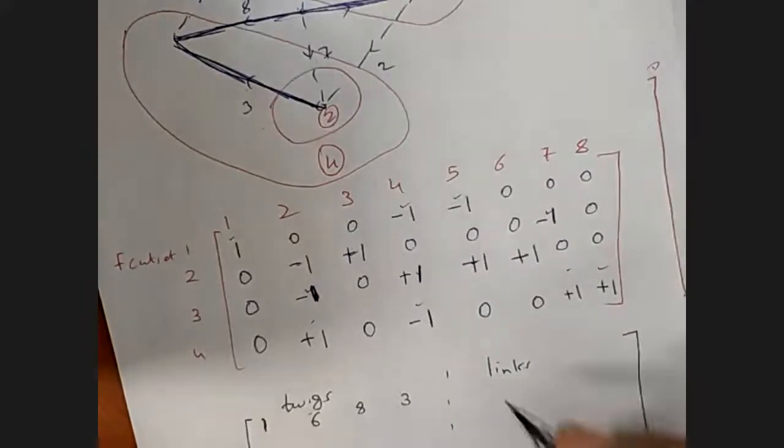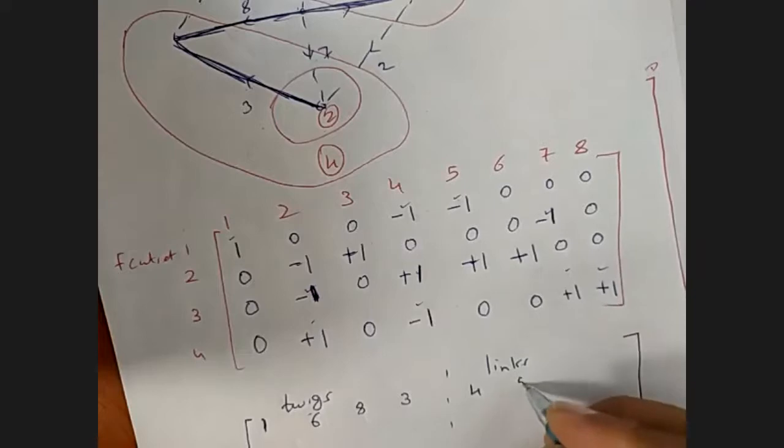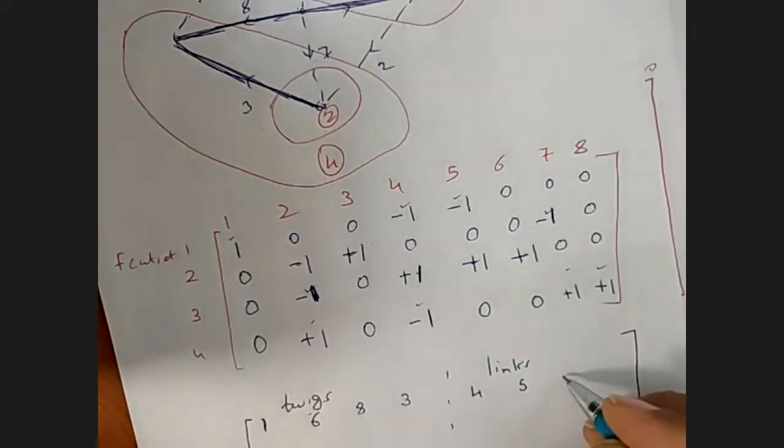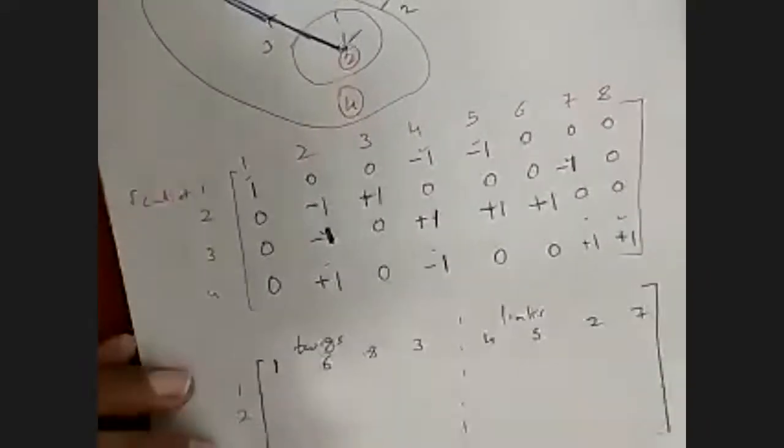And links are 4, 5, 2 and 7. So we have to rearrange this matrix. F cut set will remain same 1, 2, 3, 4.